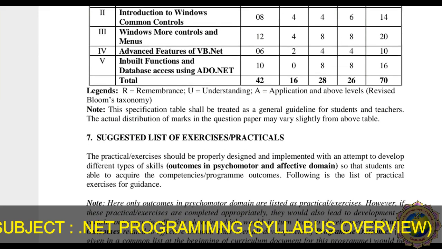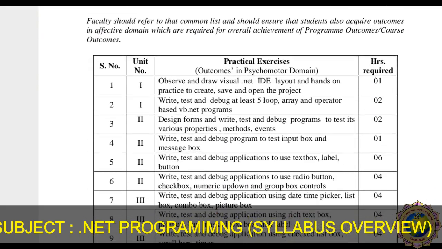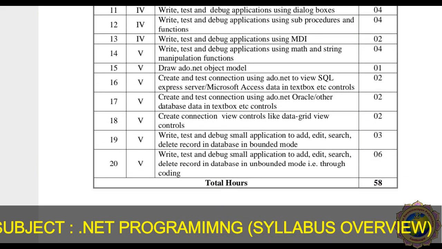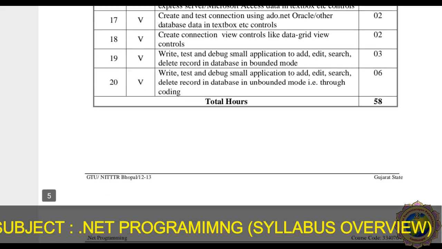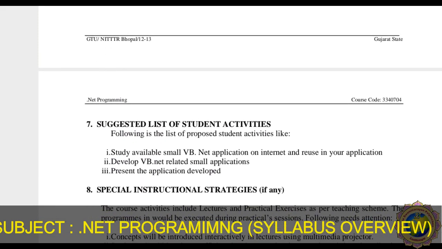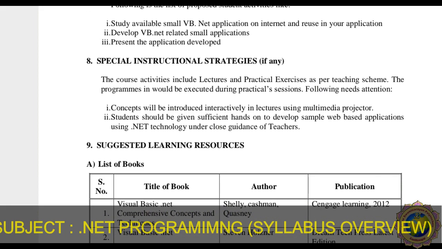Here is the suggested list of exercises as well as our practicals. So this portion is our practical. Totally 20 practicals are given in our .NET programming, and all these practicals are to be performed by you all students. This is the suggested list of student activities, special instruction strategies, and the learning resources.